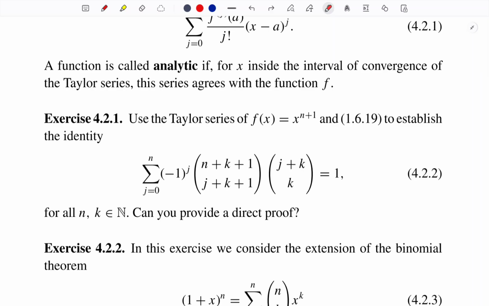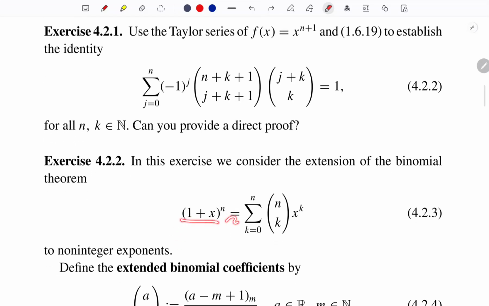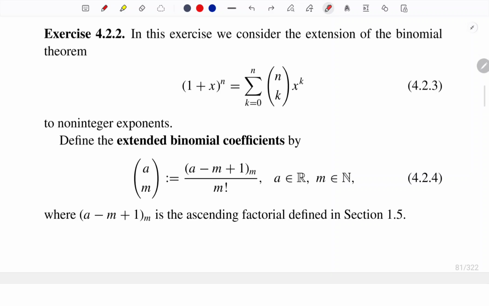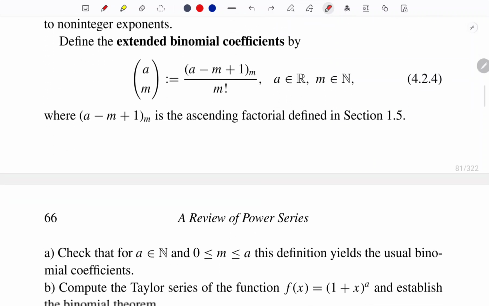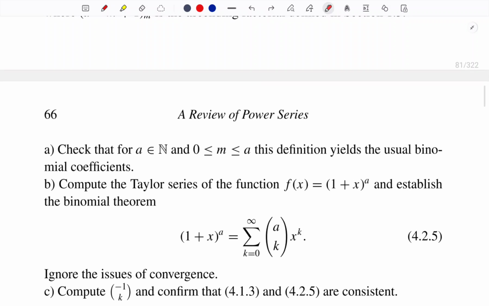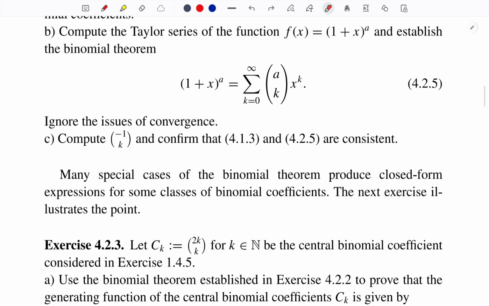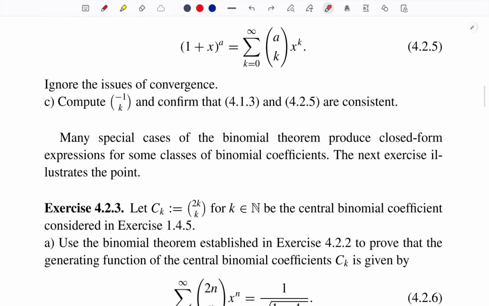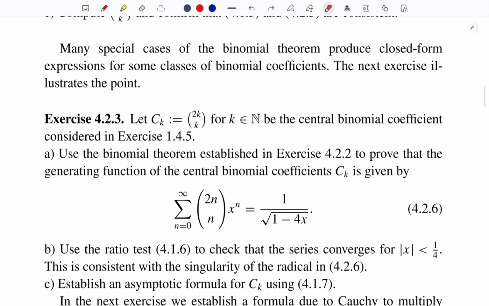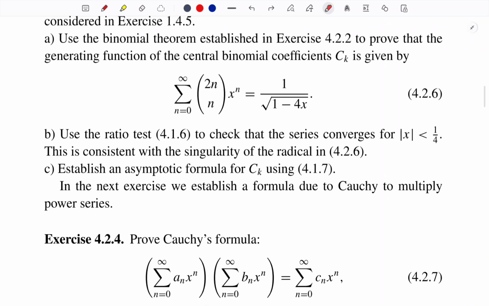You asked me for the direct proof, but I don't know about that. 1 plus x to the n equals this thing. Well, binomial, I have to study it because I don't have proper knowledge without the binomial theorem. I think I'm going to study this after this video, and I'll explain all of these things when I have a lot of knowledge about the binomial theorem.